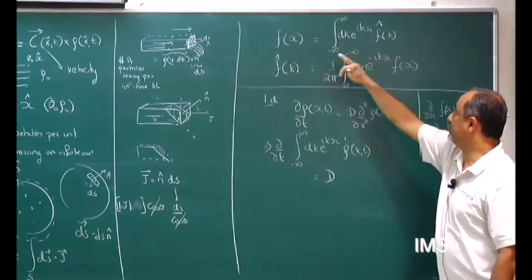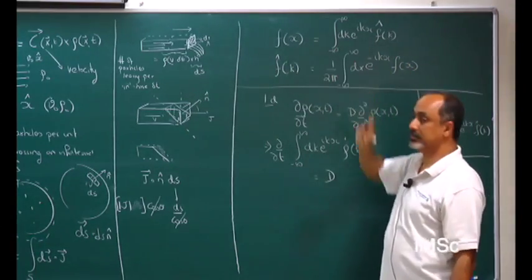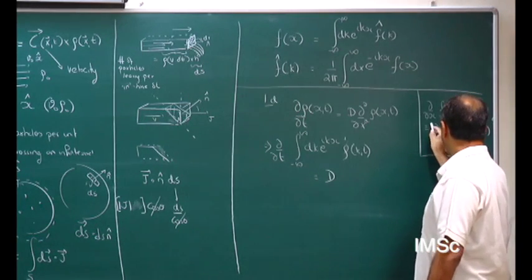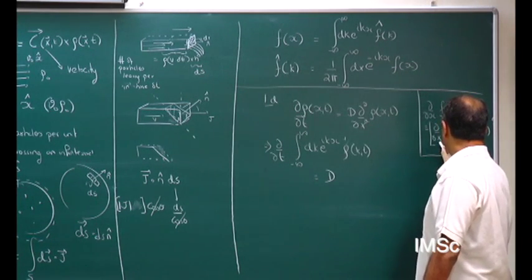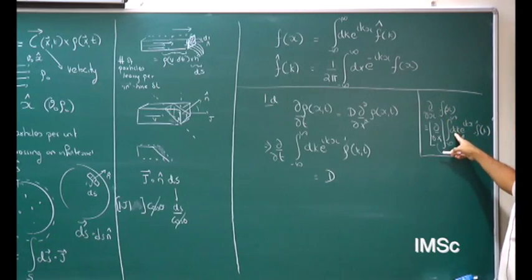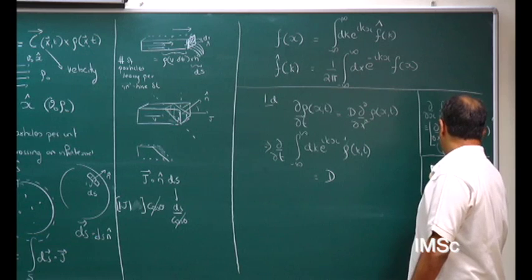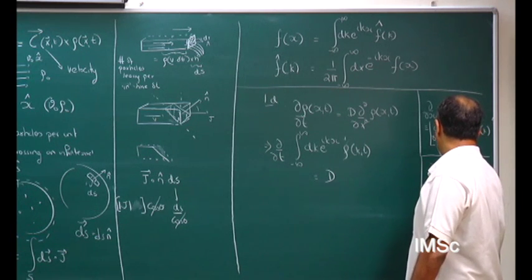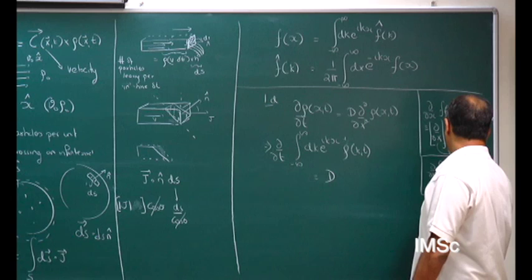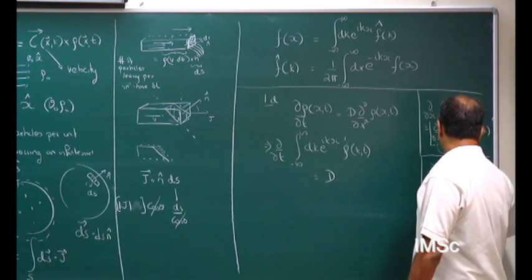I am just doing the same thing here. I am taking a derivative of this, therefore I must take a derivative of this. When I take a derivative of this, the only object this operates on is this quantity here, because this doesn't depend upon x, this doesn't depend upon x, and the limits don't depend upon x. So the answer is that the partial with respect to x of f of x is the Fourier transform of a function which is ik times f hat of k.